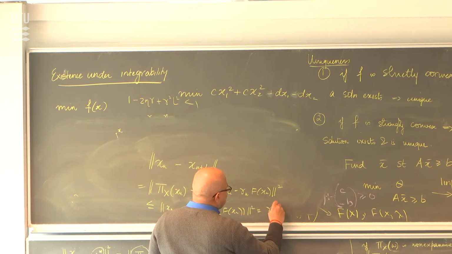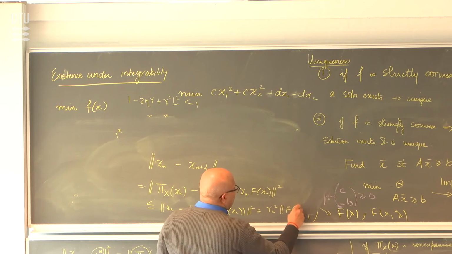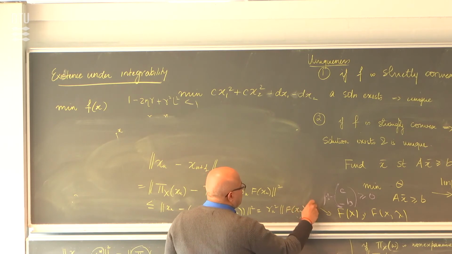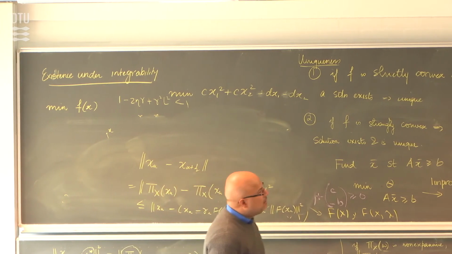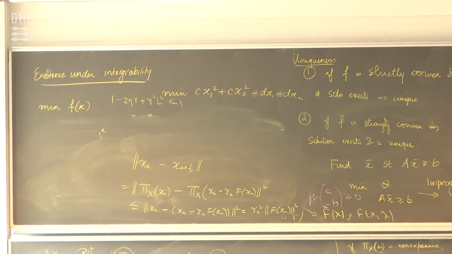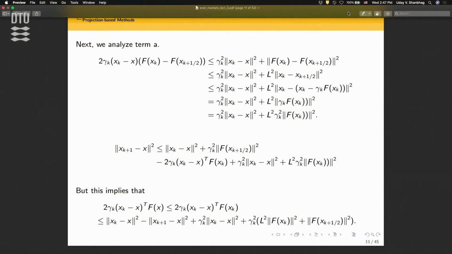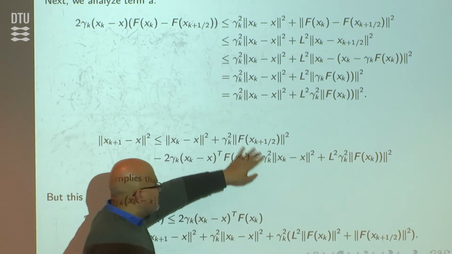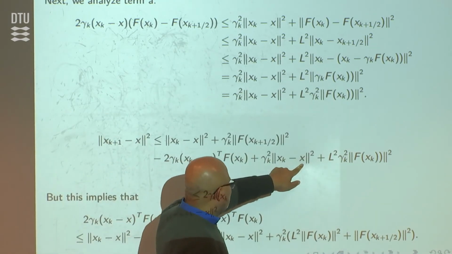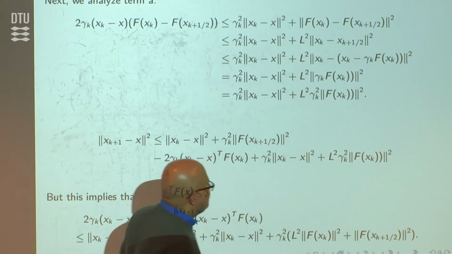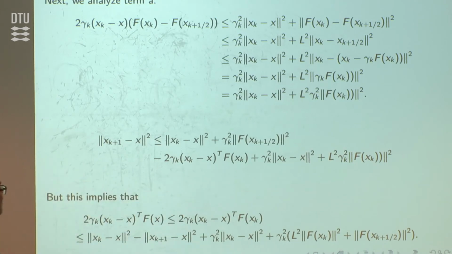You get gamma k squared norm f of xk squared. Okay. There was an L outside, so you get L squared gamma k squared f of xk squared. So from the previous expression, you're able to bound everything in terms of xk minus x the whole squared, gamma k squared times xk minus x the whole squared, plus L squared gamma k squared, and this is the one term that you have.